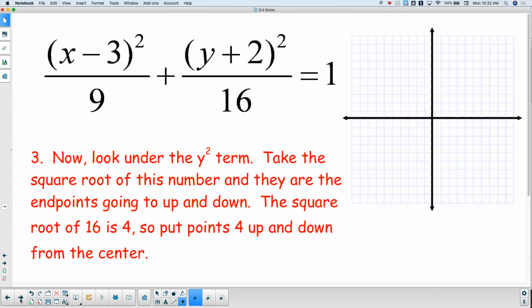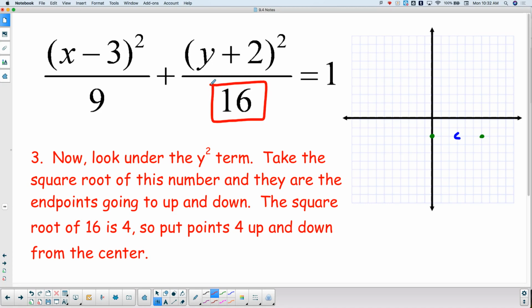So let me bring you back up to speed here as we switch slides. There is my center, 1, 2, and 3. 1, 2, and 3. There are the endpoints of my horizontal axis. Okay. Now, what I do in step number 3 is look underneath the y squared term, and there I find a 16.